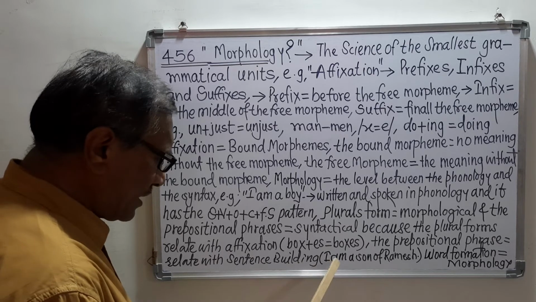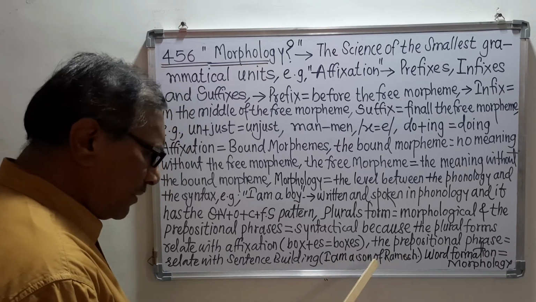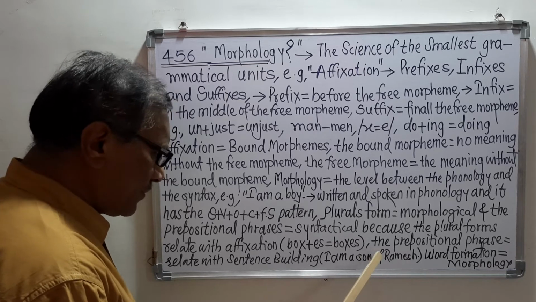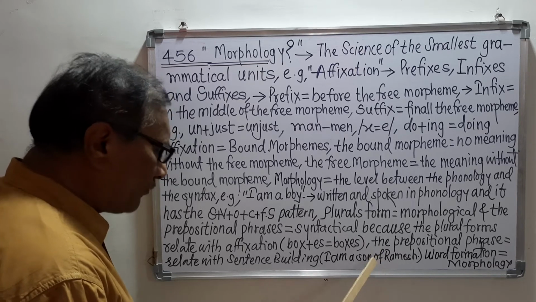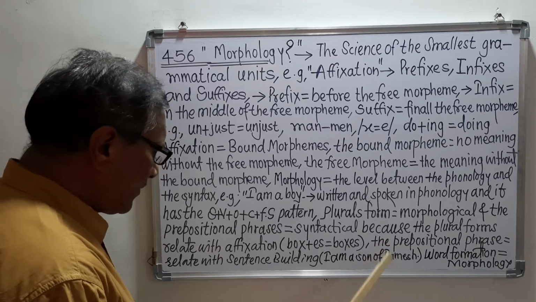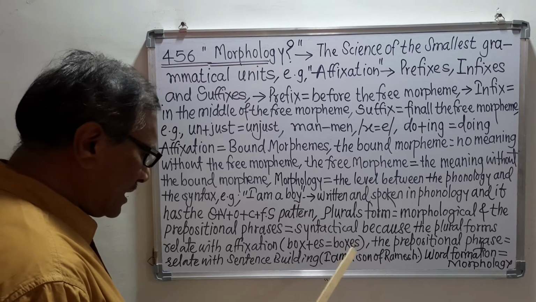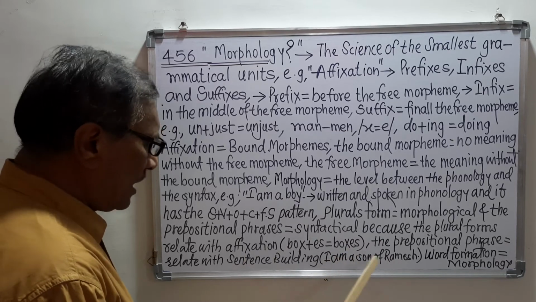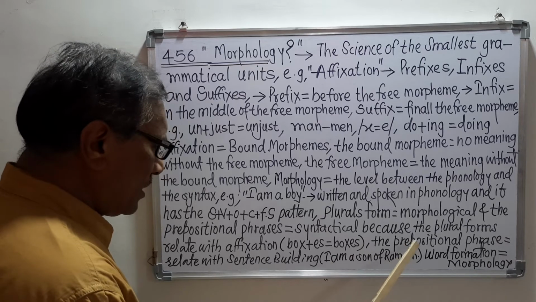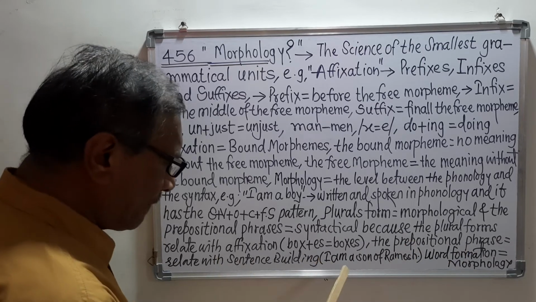For example, here I will say I am a son of Ramesh. So here remember, this 'of' is the preposition, and this 'of Ramesh' is the prepositional phrase, and this phrase has made the grammatical sentence, and that's why it is sentence building. And it is very clear that prepositional phrases relate with sentence building.